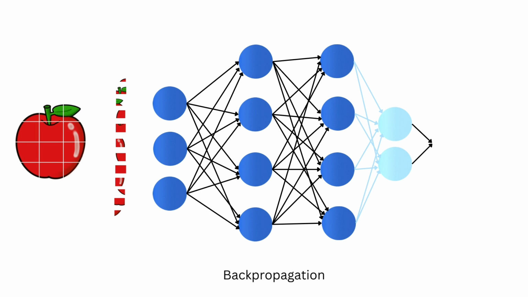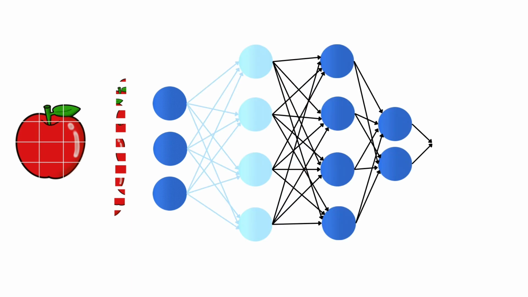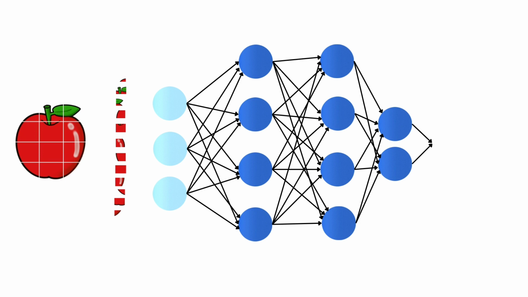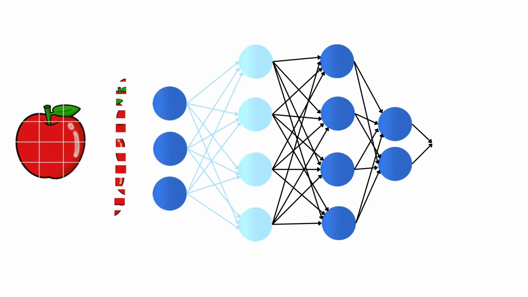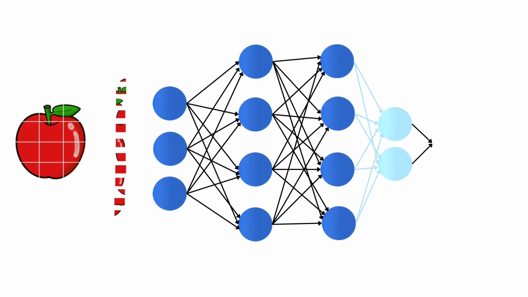This process is called backward propagation. The process of forward and backward propagation goes on till the weights and bias values are updated to predict the correct output. Now we know about neural network and how neural network learns to classify objects.